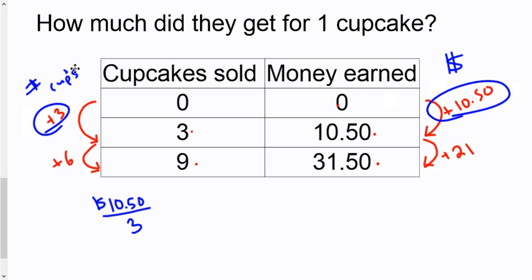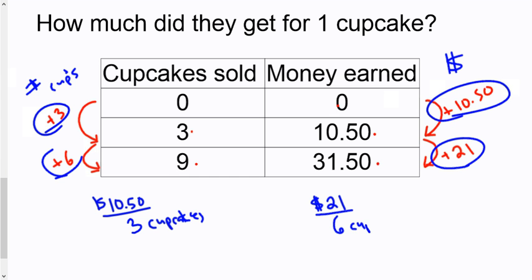And I'll just say number of cups there. And so let's just call this one cupcakes here. Same thing with this one. 21 would go on top. And 6 would go on bottom. 6 cups. Now, how can we take these and see if the unit rate's the same?